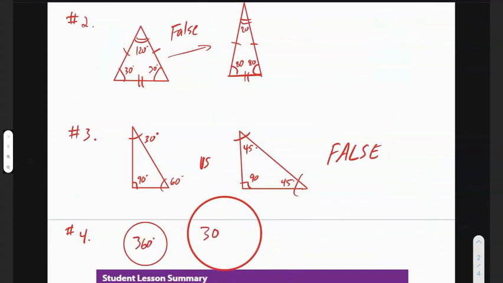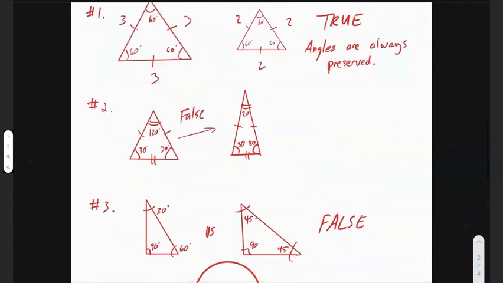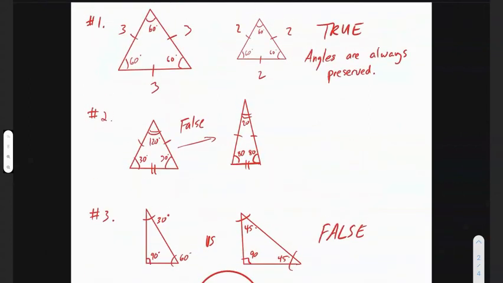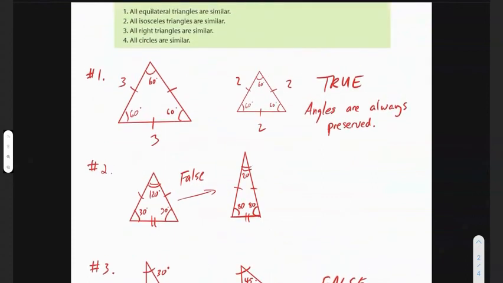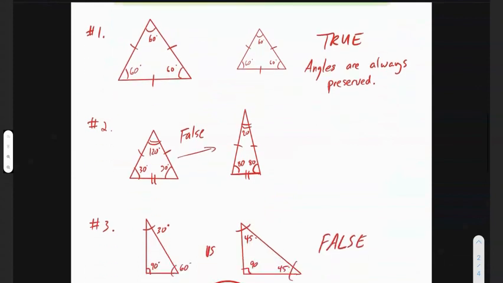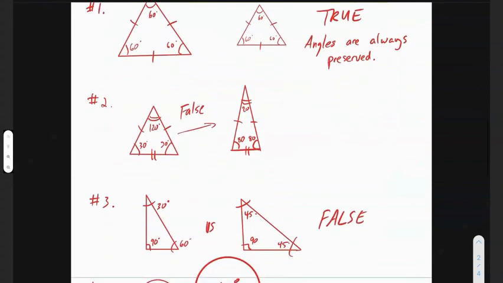Every circle has 360 degrees. Angles stay the same. So that's true. Okay. All right, so it's really about the angles when you think about it, in terms of similarity. I mean, yes, the dilation could be wrong, but in terms of similarity, it's about the angles.